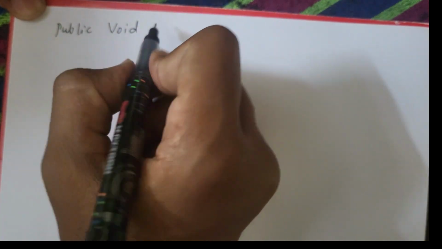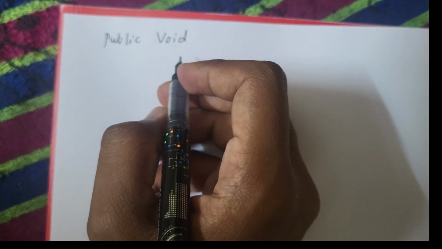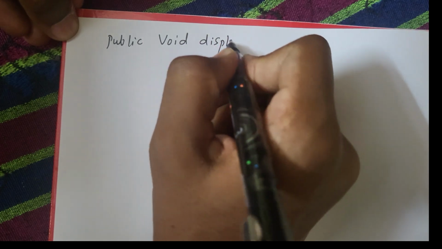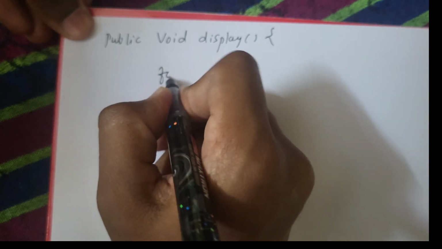Now we have written the insertion logic and deletion logic, and we also have to write the logic for the display. So I will write one method, public void display. In this we simply write one for loop.